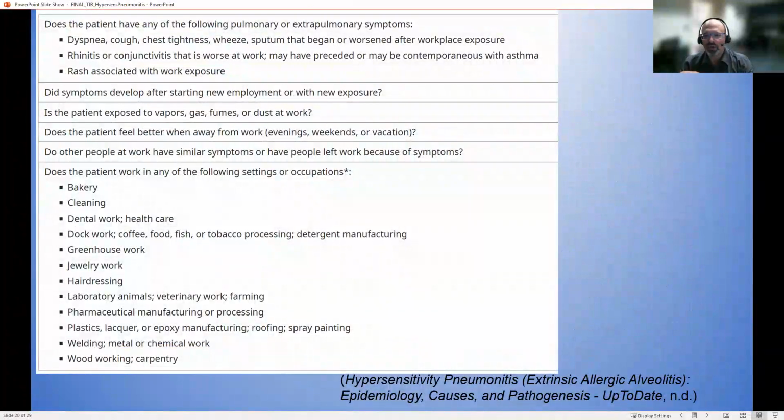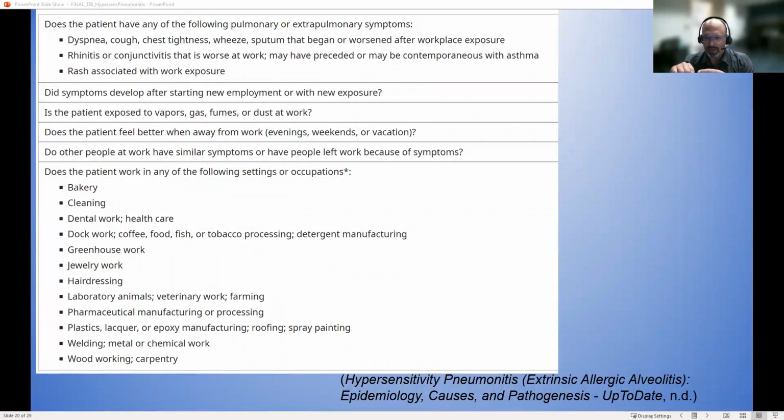Okay, so a reminder. You could have them fill out something like this in the waiting room, narrow down their symptoms at the top. What are their symptoms? Did they start new employment? Did they start a new process? Was there a new exposure?